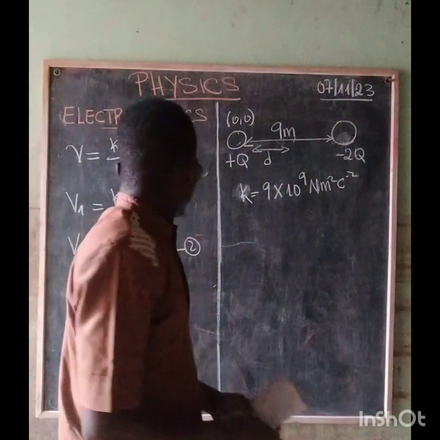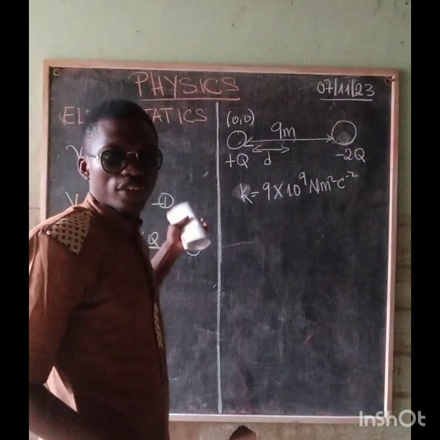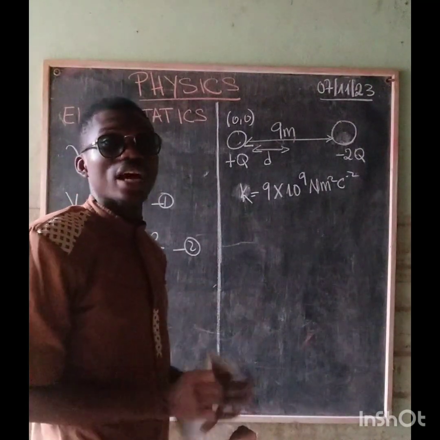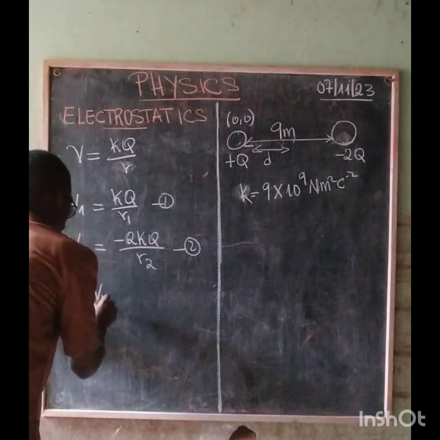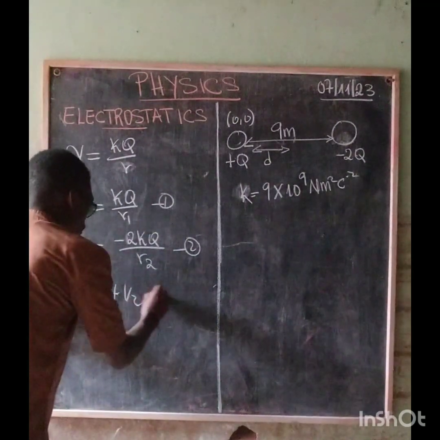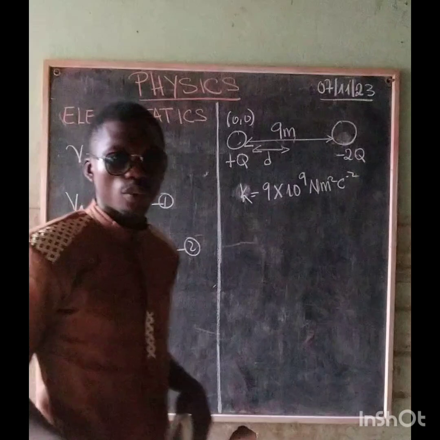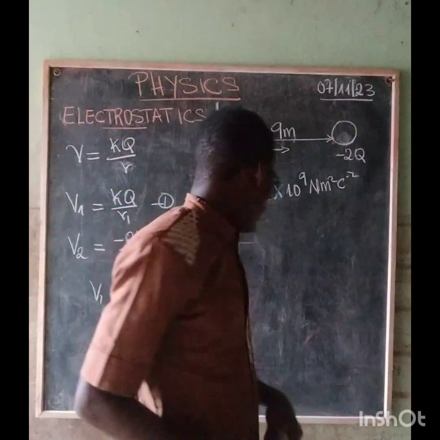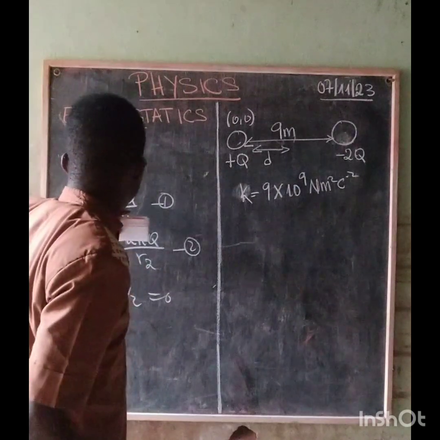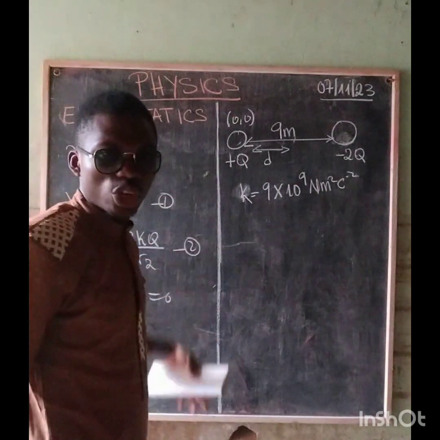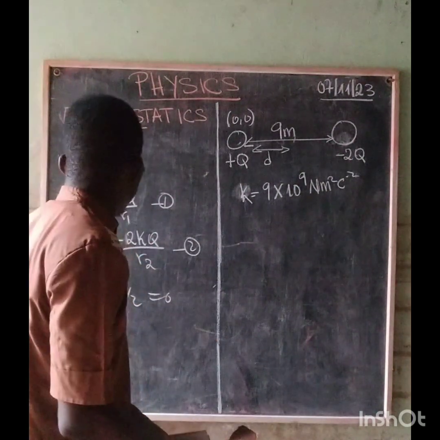So for the electric potential due to the first and the second charge to cancel out each other, it means that V1 plus V2 should give us 0. It means equation 1 plus equation 2 should be equal to 0.